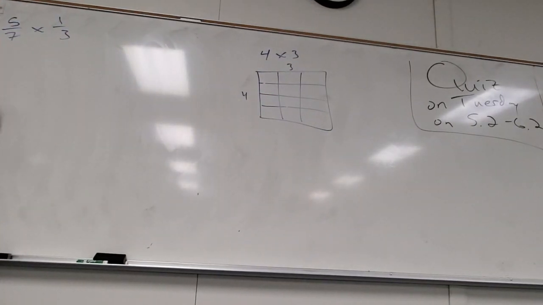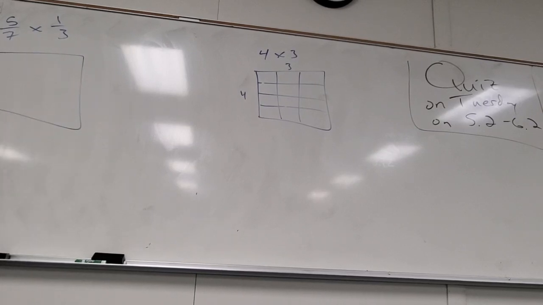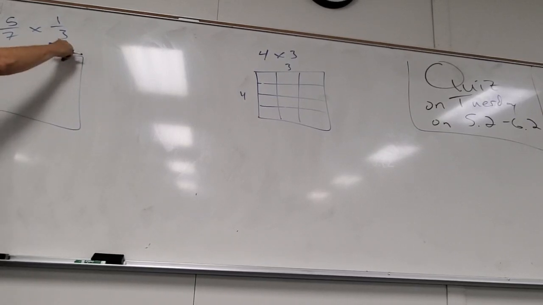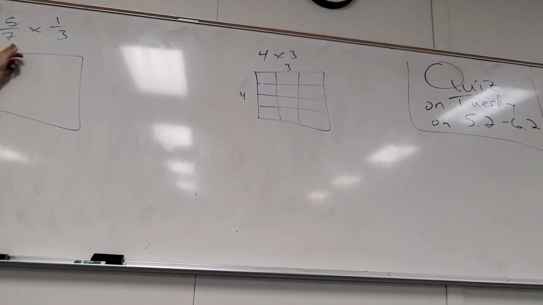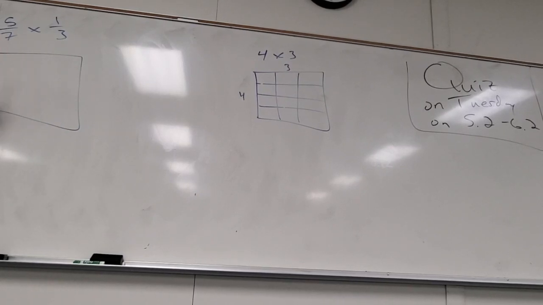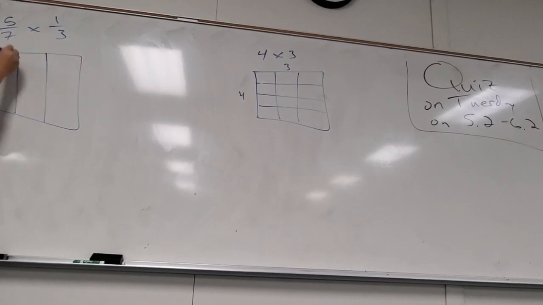Now we got these fractions. So let's see if you guys are cool with this. What would be this way? What's on the top? What was on the top over there? Yeah, so 1/3 would be on the top. So I'm going to cut this like this, and then I'm going to shade. That's 1/3. Right?